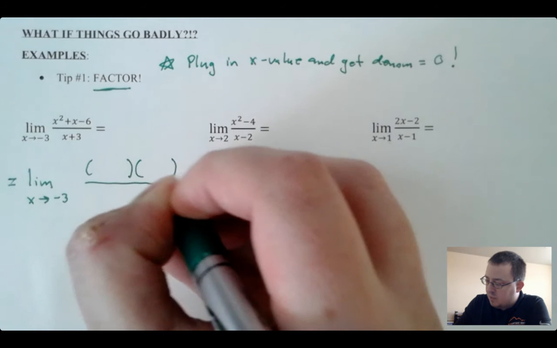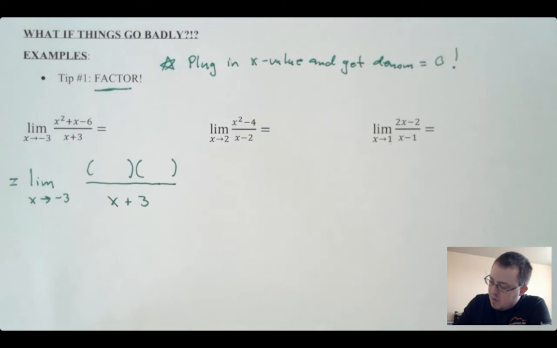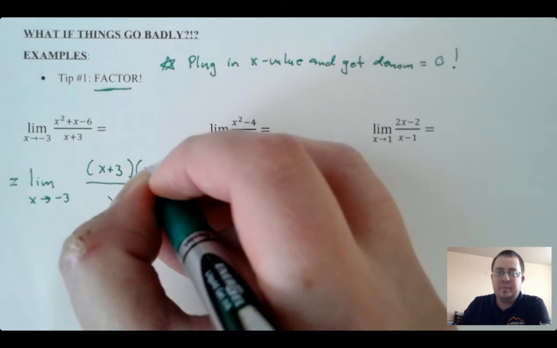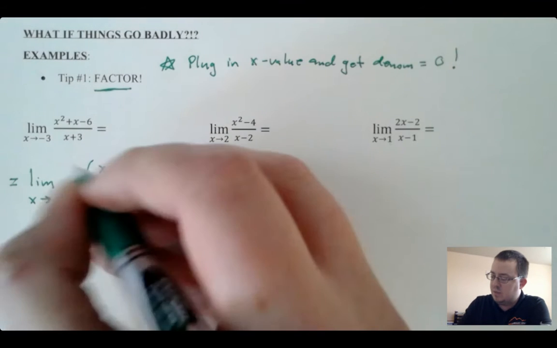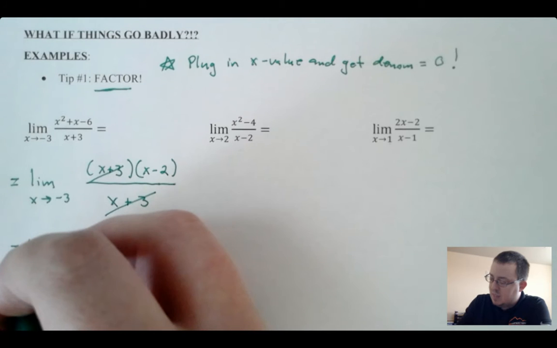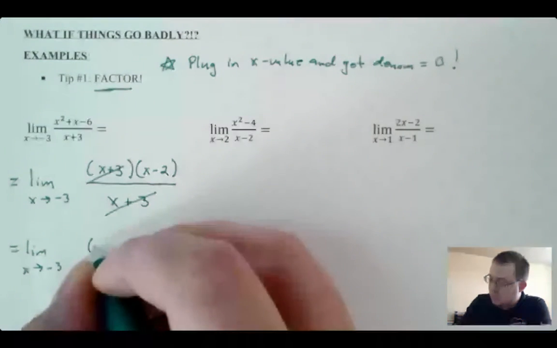The x plus 3 won't factor, but my numerator should factor into x plus 3 times x minus 2. That should be a pretty easy quadratic factoring. These will cancel, and so this is still equal to the limit as x approaches negative 3 of x minus 2 over 1.